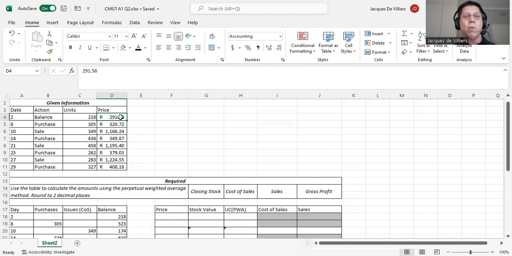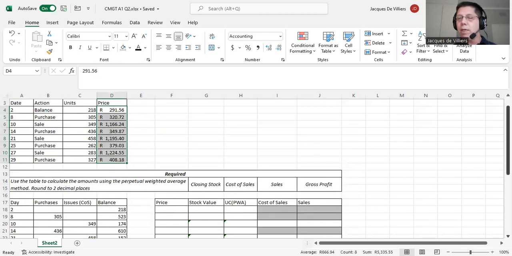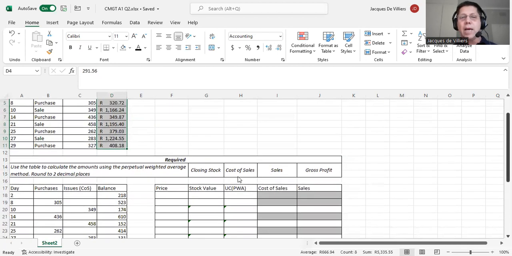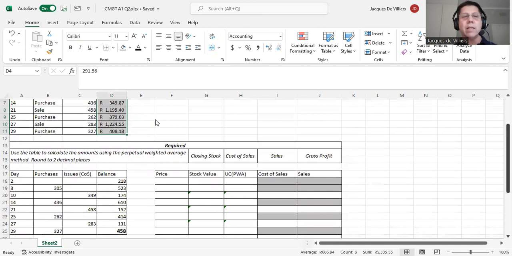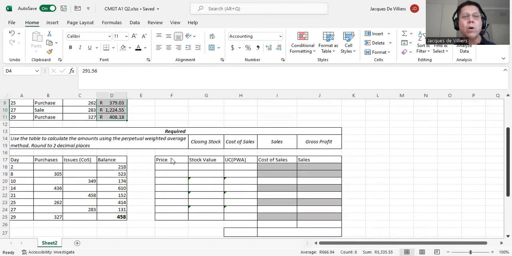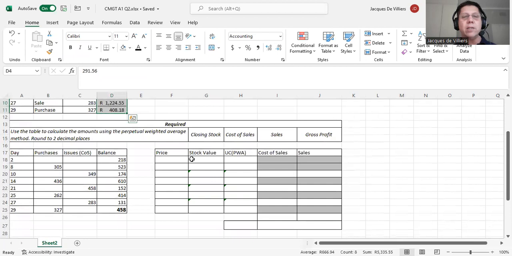Okay, so what I have now done is I've taken these numbers that were given here as the price, and just in order to make life a little easier for myself, I create a new little table here. The first order of business in this new table that I'm creating, you don't have one like this in your answer book, but it's way easier to do it this way.